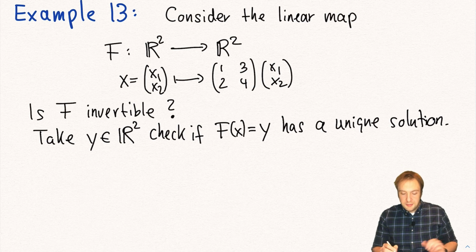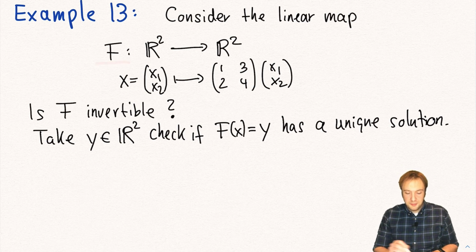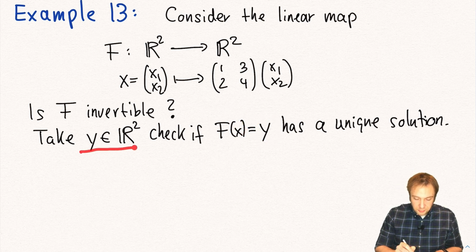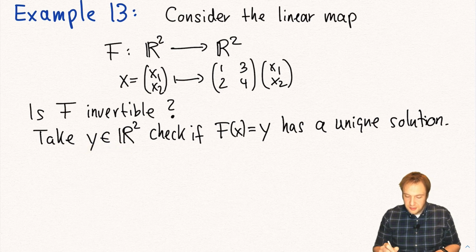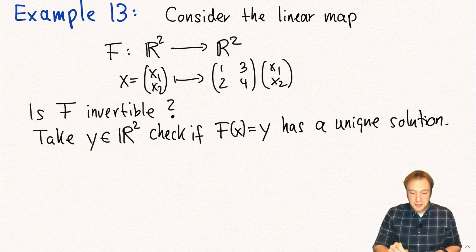Because then the inverse of this linear map f is defined by sending this y to this unique x. And here that we can take any y means this should be surjective, and this unique means it's injective.